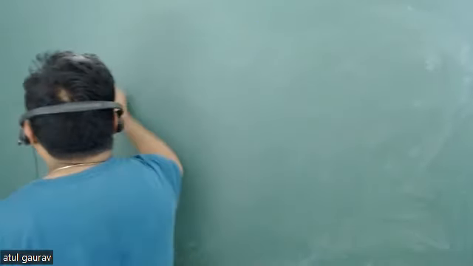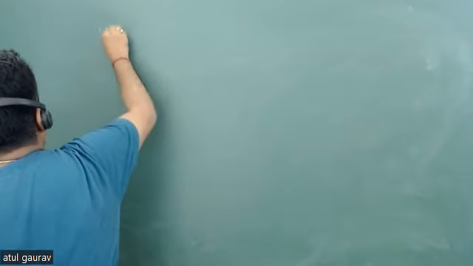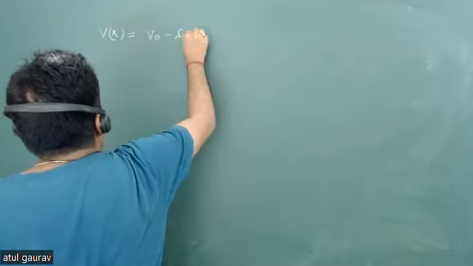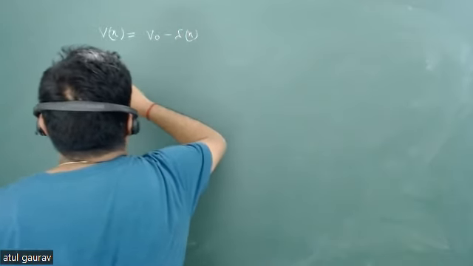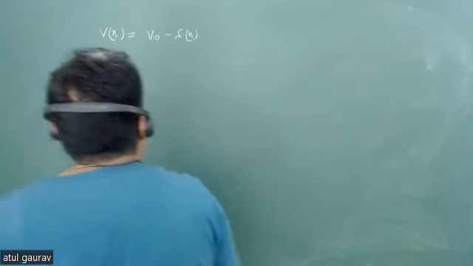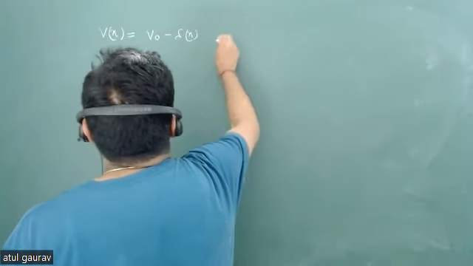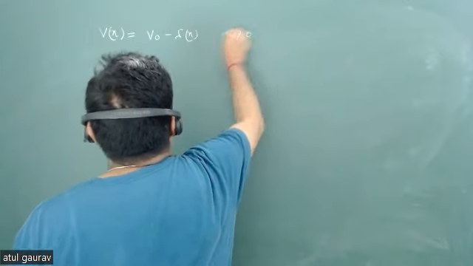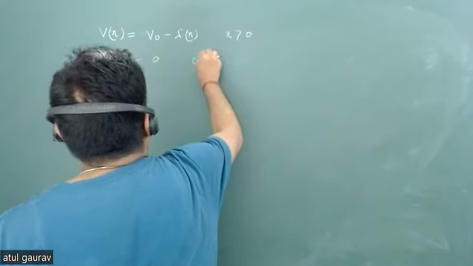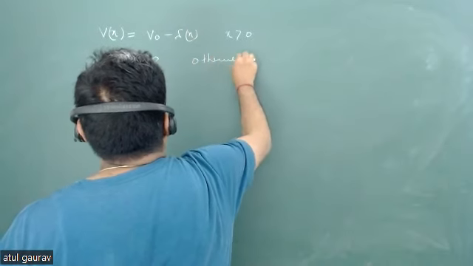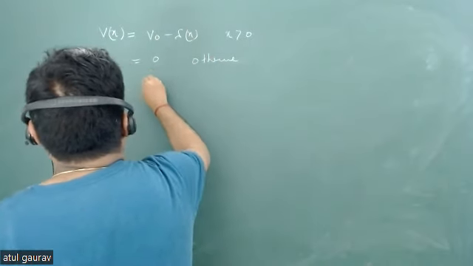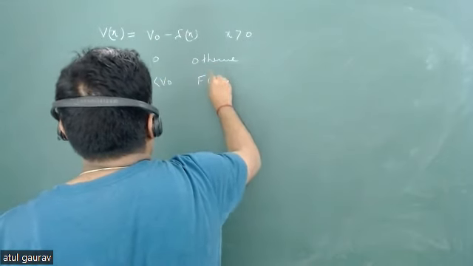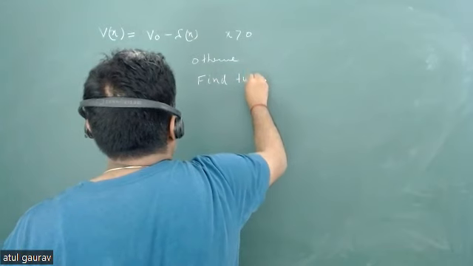So let us go for one more problem. So Vx is equal to V naught minus lambda x, where x is greater than 0 and 0 otherwise. So if E is less than V naught, find tunneling probability.